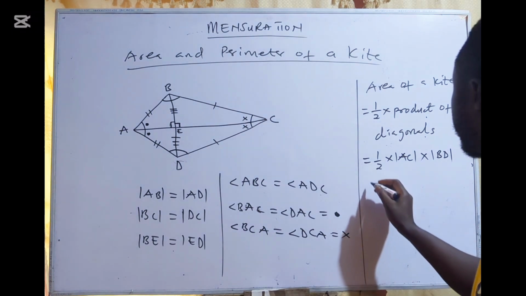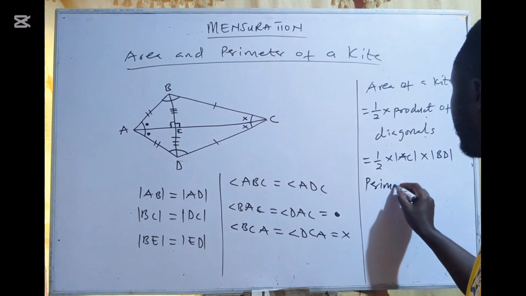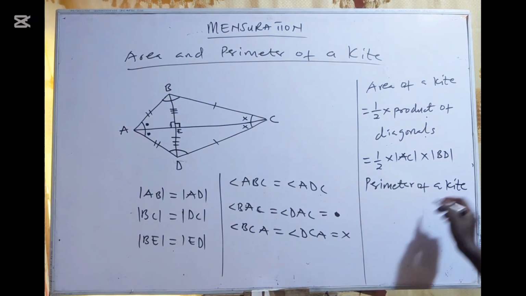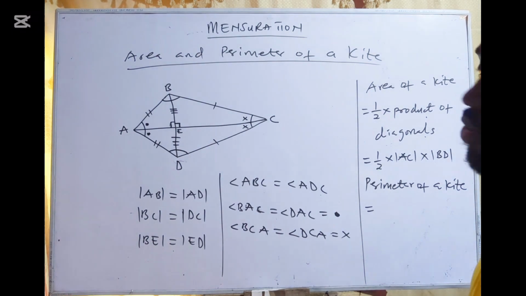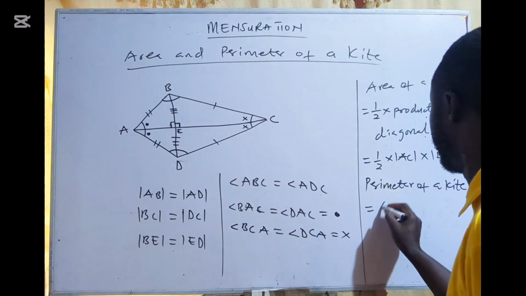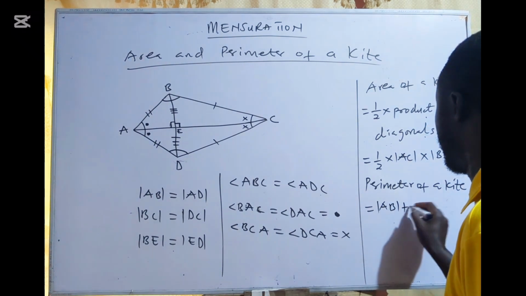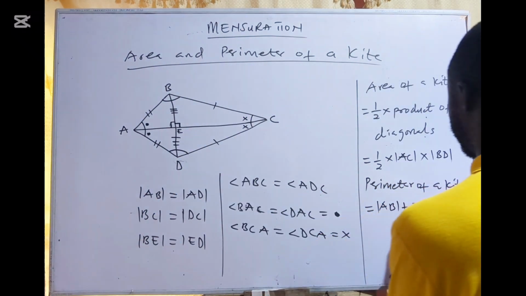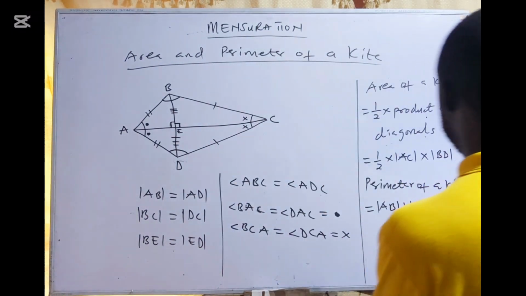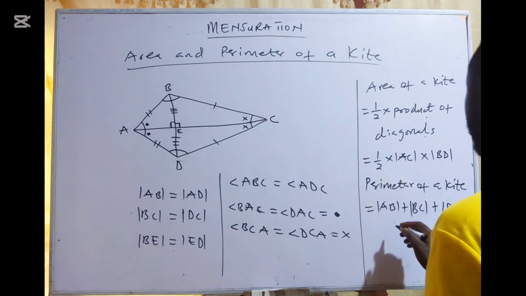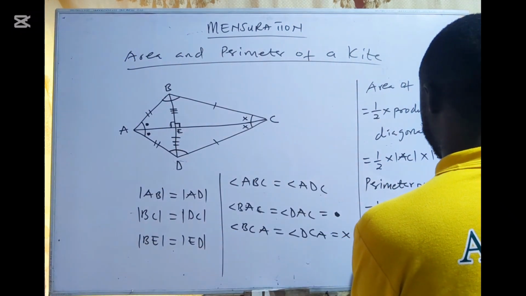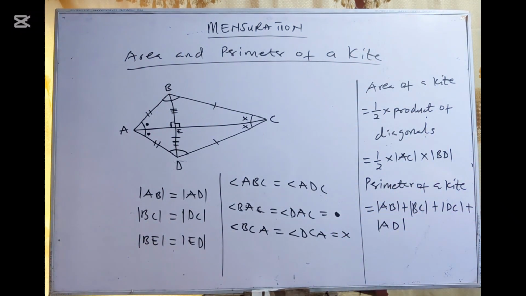Let's look at the perimeter. The perimeter of a kite is the distance around the kite. So AB plus BC plus DC plus AD.